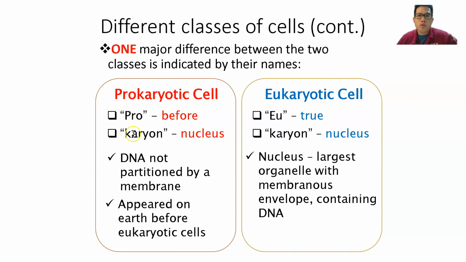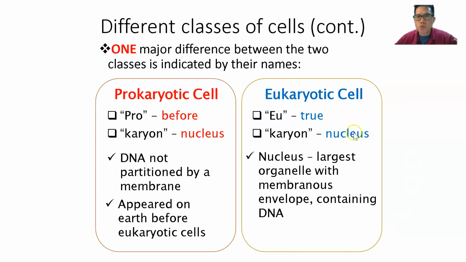For prokaryotic cells, the DNA, which is the genetic component that controls the whole cell, is not partitioned or separated. They appeared on the earth before the eukaryotic cells, which means the prokaryotic cell comes first, and only then comes the eukaryotic cell, which is more complex.